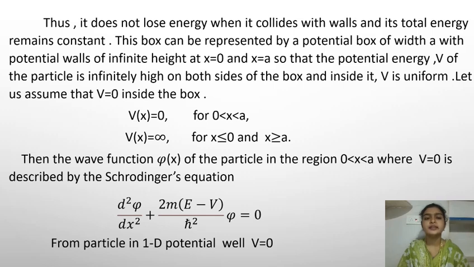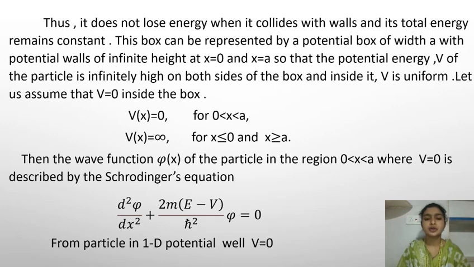Then the wave function psi of x of a particle in the region 0 less than x less than a, where V equals 0, is described by Schrodinger's wave equation.